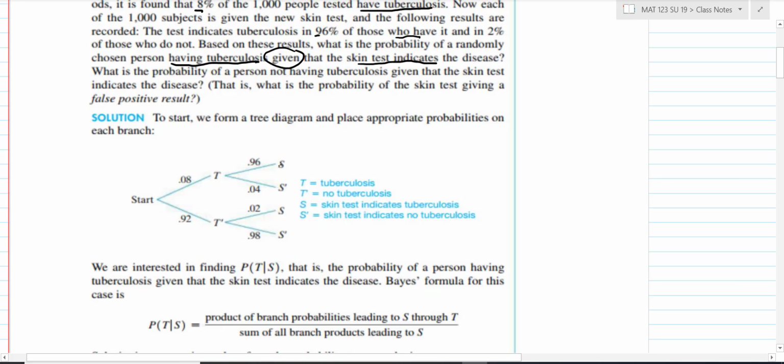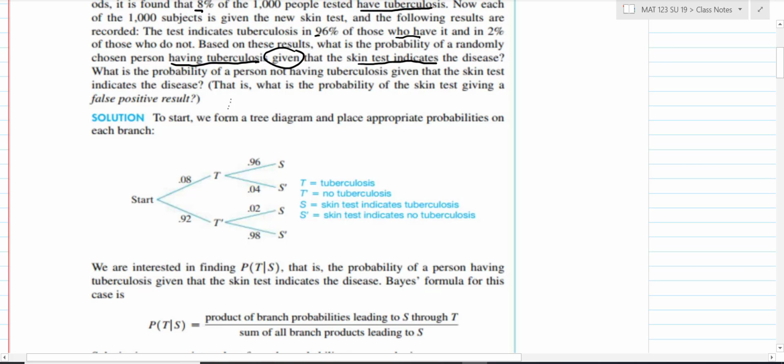Based on the skin test, out of this group, 96% are shown to have tuberculosis, whereas the 4% are shown to not have it. In the group that does not have tuberculosis, 2% show that they do have tuberculosis based on the skin test. The remaining 98% show that they do not. Think about that and make sure that you understand where all those numbers are coming from.